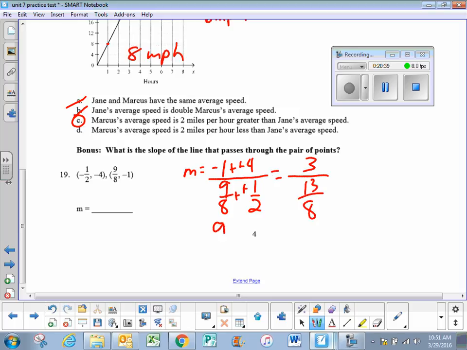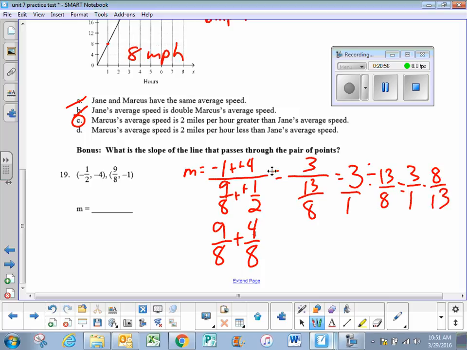When I get a common denominator to add, it'd be 9/8 plus 4/8 is 13/8. Okay? So what is this saying? Another way we could say that is 3 divided by 13/8. How do I solve that? Copy, dot, flip, and I get 24/13. That would be the slope of that line.